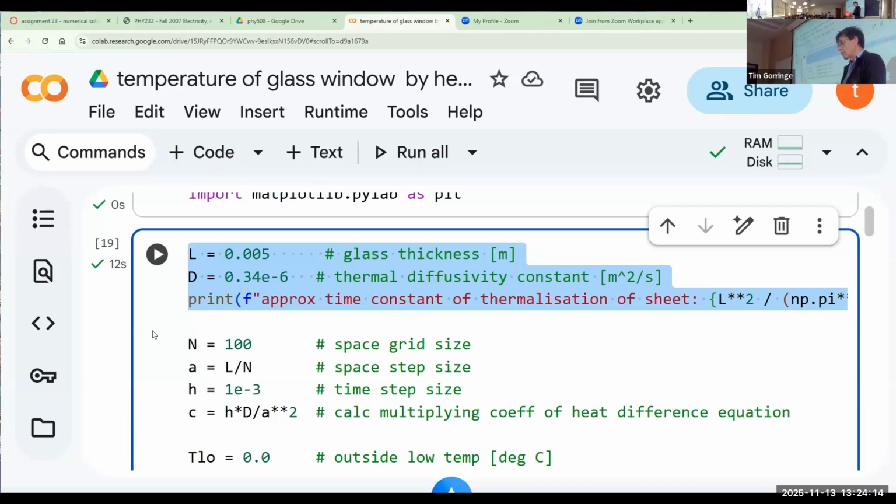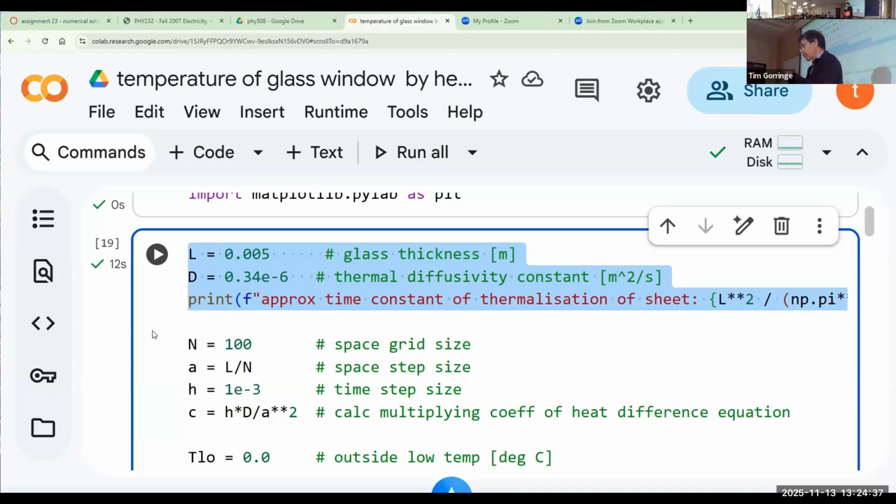The other thing we need to know about the glass is its thermal diffusivity. So this is a number, a constant in the diffusion equation, that sets the scale of diffusion. If that number is large, that would be a conductor, and heat would flow readily.